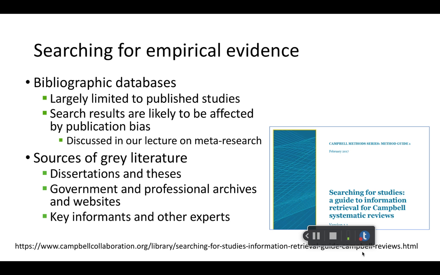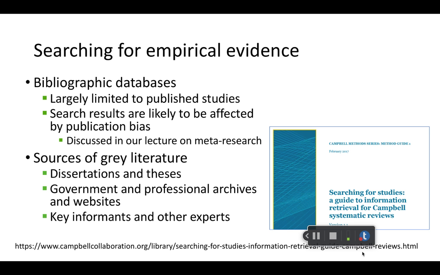Gray literature is unpublished work that may be difficult to find, but is equally valid and equally important in understanding the evidence. This would include research that's published in dissertations and theses, on government and professional archives and websites, and information that's available from key informants and other experts.